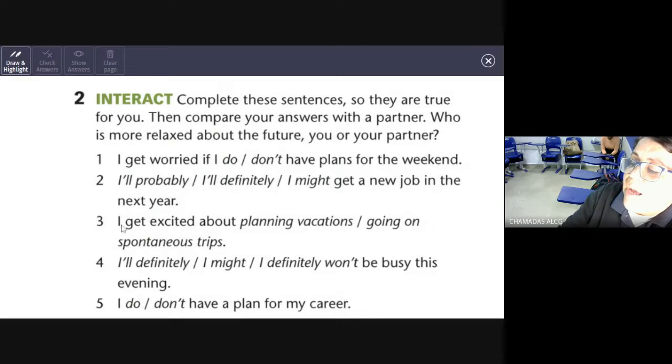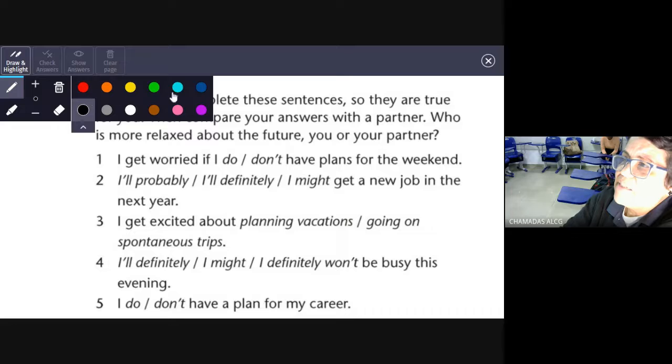Number three, I get excited about planning vacations or going on spontaneous trips. The first one. Now, this one, yes, we can select. Okay. This one, to be true, I would select the first one. Okay.